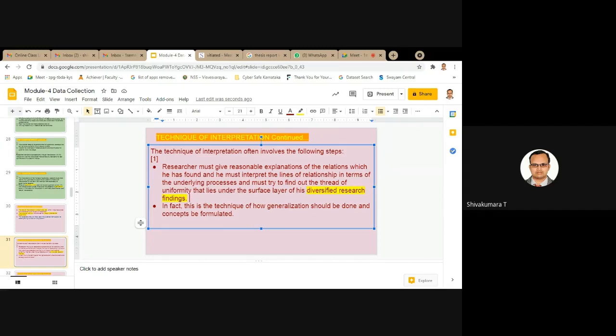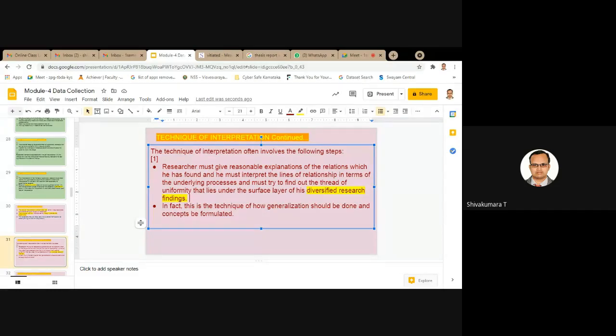In those cases, you need to give an explanation of the relations involved between those diversified research findings. In fact, this is the technique of how generalization should be done.